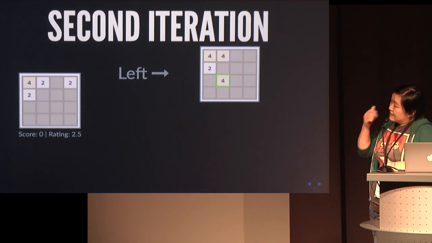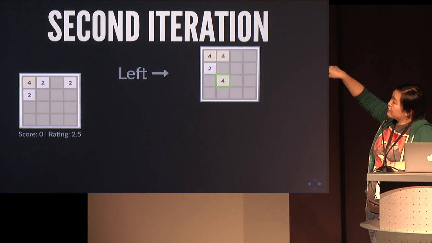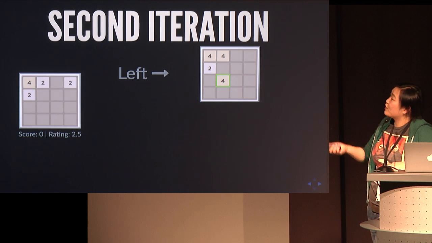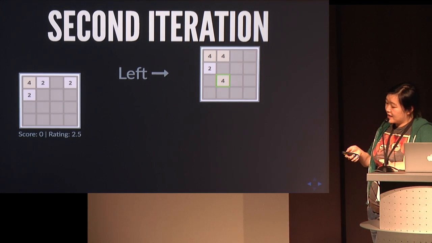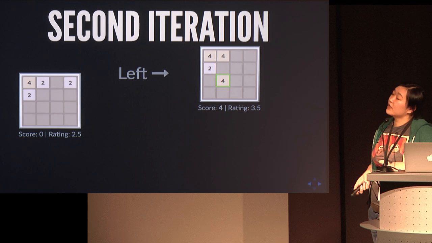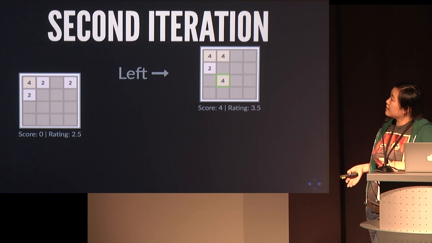When we now make a move to the left, the two upper 2s have merged into a 4, and this 4 that has a green frame is the new tile that was added after the action was taken. What we have now is a score of 4 because we merged those 2s, and a rating of 3.5. So okay, rating goes up when you merge something, and it also goes up when new tiles are added.